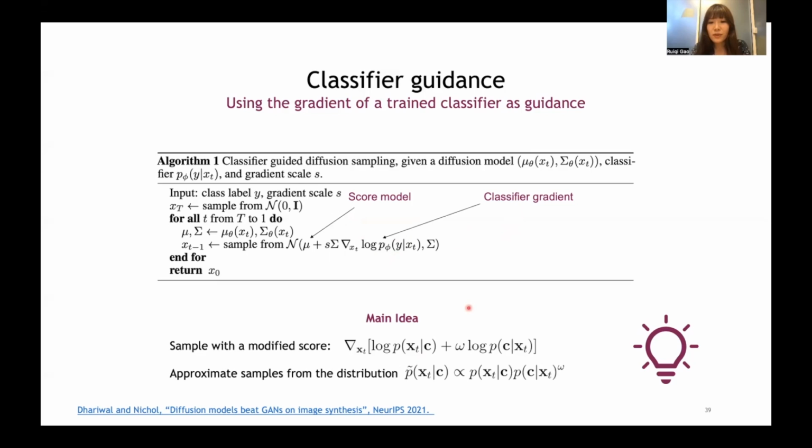And if we use larger omega, then the samples will be more concentrated around the modes of this classifier, which usually leads to better individual sample quality. But if we use too large an omega, it will reduce the sample diversity. So one really needs to find a sweet spot for this omega to best balance the individual sample quality and sample diversity.